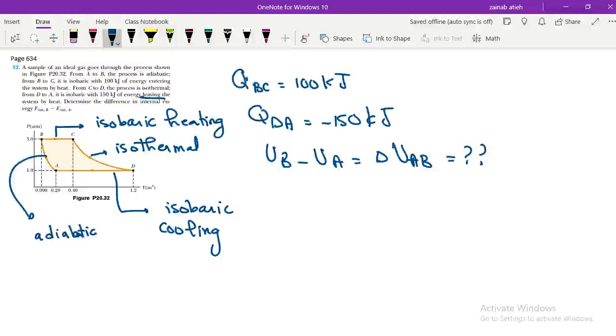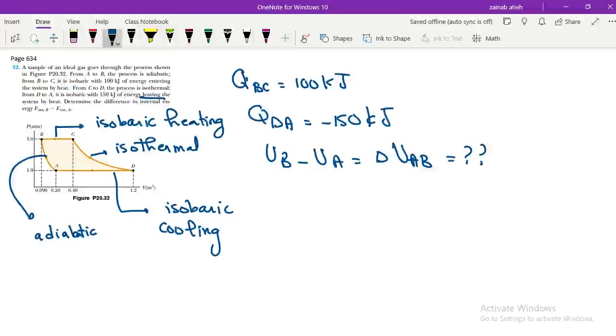So we can calculate the work either using n C_V delta T, or for sure minus n C_V delta T, or by using (P2V2 minus P1V1) over (1 minus gamma), one of these two methods. So in both methods there appears C_V and gamma. So I need to have C_V and gamma to be able to calculate delta U_AB using the first law of thermodynamics, which is delta U_AB equals Q_AB minus W_AB.